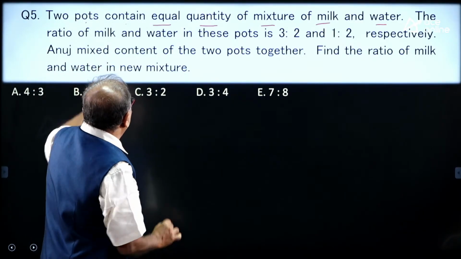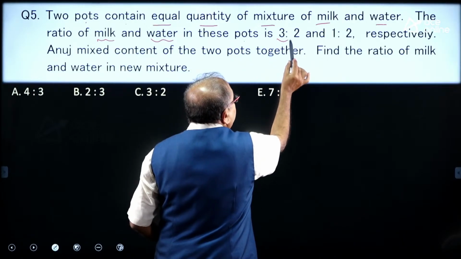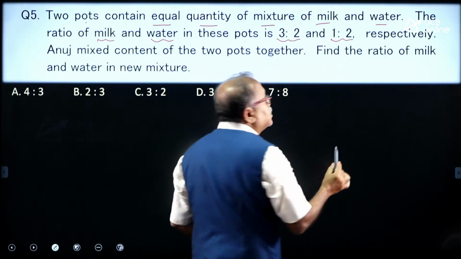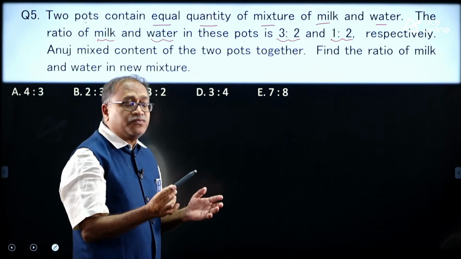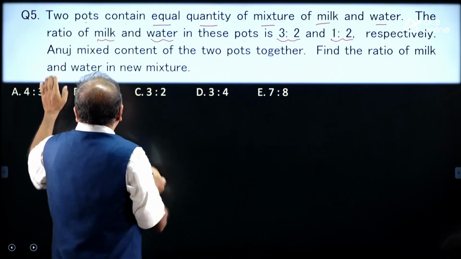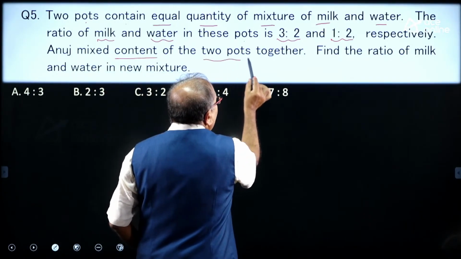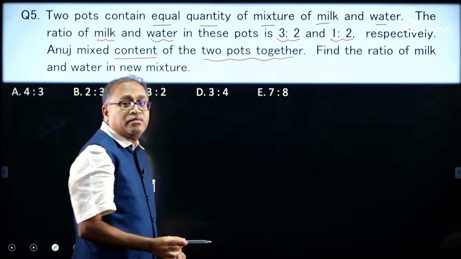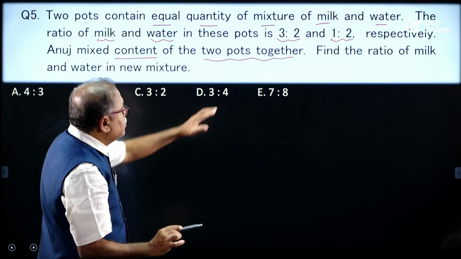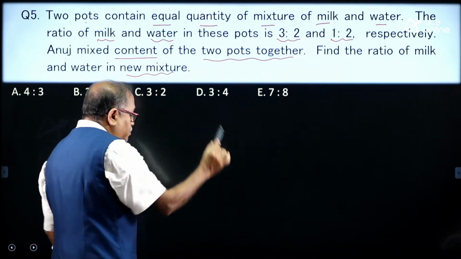The ratio of the milk and water in the pots is 3:2 and 1:2, in the first pot 3:2, in the second pot 1:2 respectively. Anuj mixes the content of the two pots together. Very straight question, comes in the prelims very frequently.